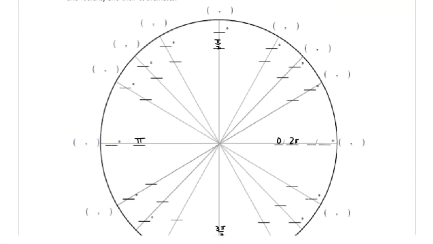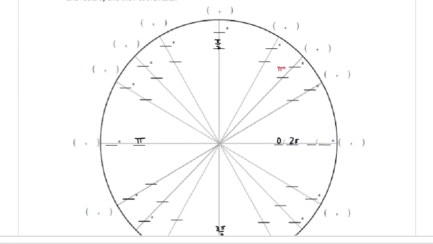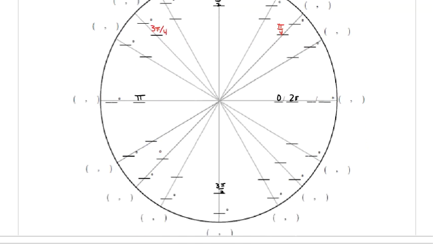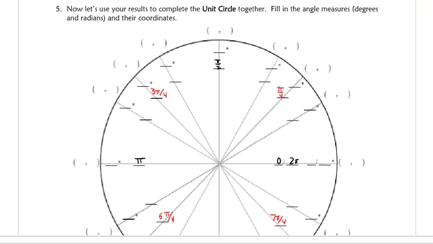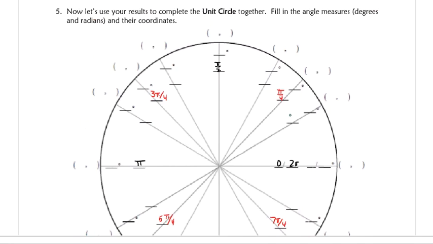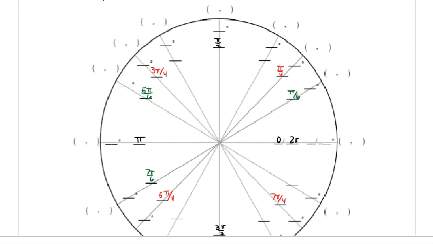The 45s go pi over 4, 3 pi over 4, 5 pi over 4, and 7 pi over 4. This is pi over 6, 5 pi over 6. Here's pi. A sixth more is going to be 7 pi over 6, because that's 1 and 1/6.